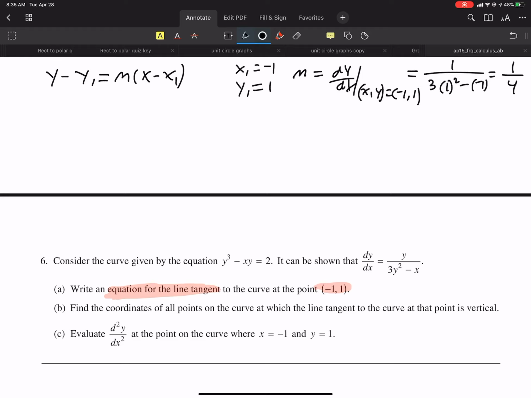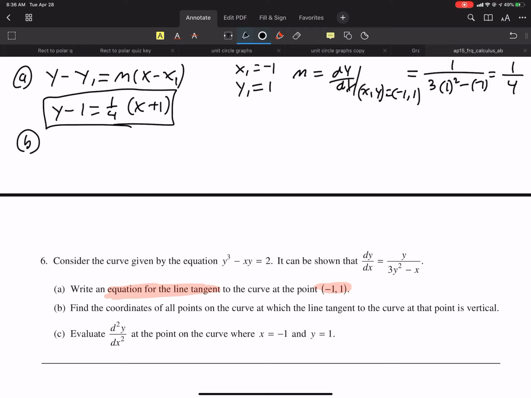So we just plug everything in, and we are done. Y minus 1 equals 1/4 times x plus 1. That's it. You don't have to solve for y. That is the equation of a tangent line. It doesn't say which form, so we are good. That is part A.